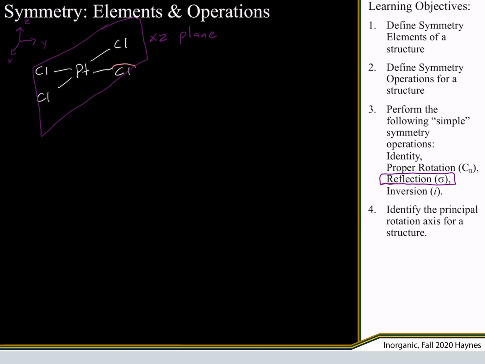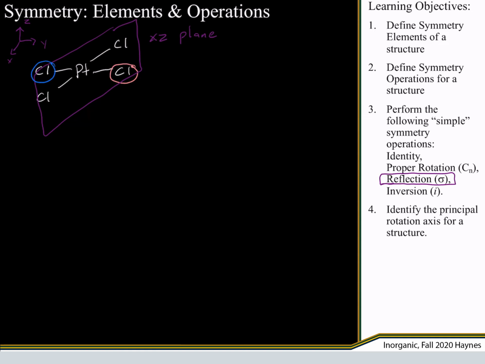My chlorides, when they look in the mirror, are going to see each other reflected across this plane. So I'm going to choose a different color for it. Still looking at that same plane, here's our chloride, and let's use blue.